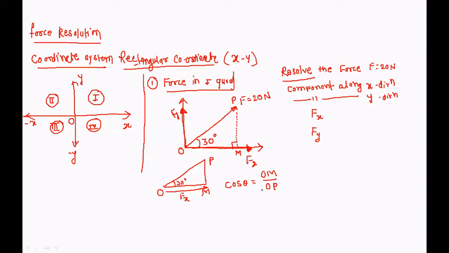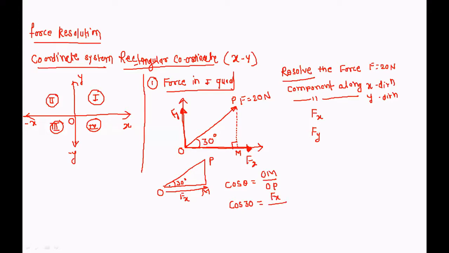Okay, so cos theta means what? It is cos 30. So it is cos 30, equal to OM, that is nothing but Fx, divided by OP.